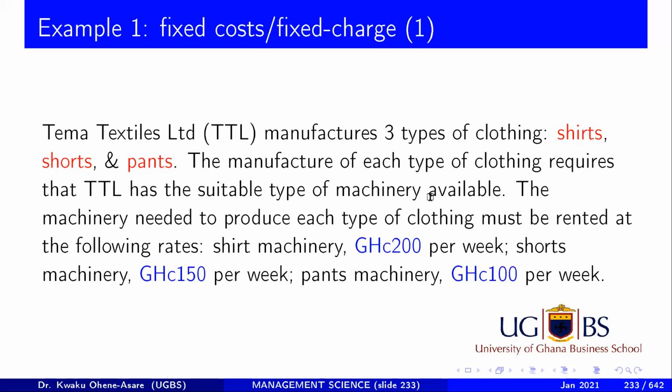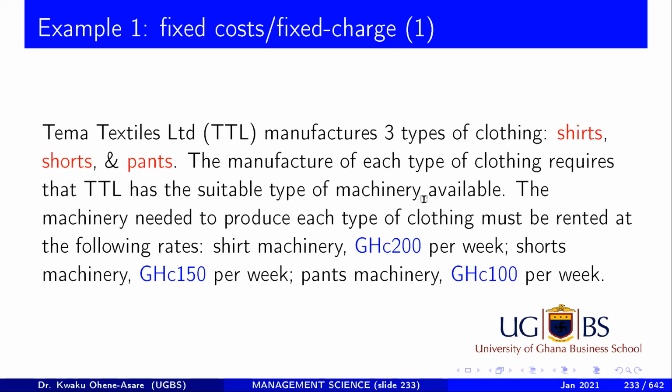So the clothing that you're going to produce will only be there if the machinery is there. If the machinery for producing the product is not there, then the product too is not there.